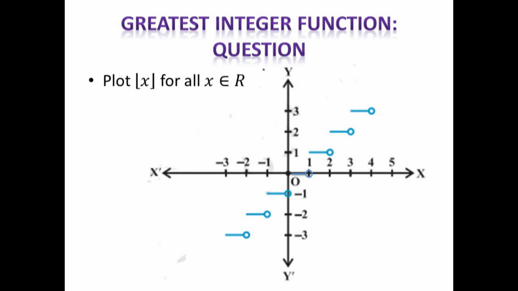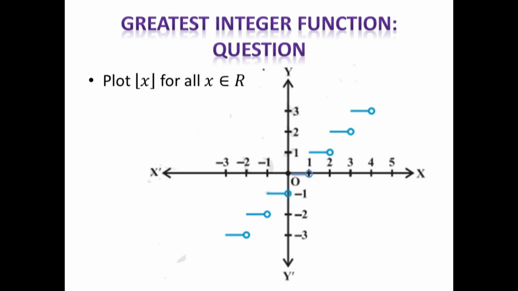Now let's look at some of the negative values. Suppose we have minus 1.5. Again, we will look towards the minus infinity side of number line and stop at the closest integer, and the closest integer for minus 1.5 is minus 2. So that is our y value, and this is how we plot greatest integer function.